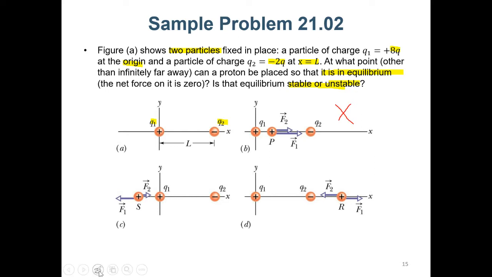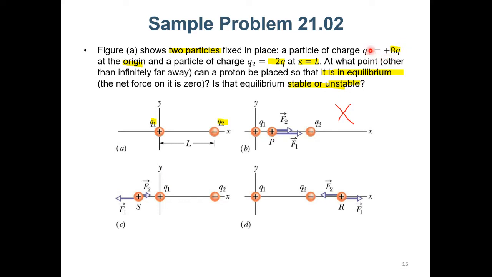For the other case, if the proton is put at the left side, this is positive, this is also positive, so they repel each other, so F1 should point to the left. And this is positive, this is negative, so they attract each other, so F2 should point to the right side. However, there may be some way to get 0 because the two forces point in opposite directions.